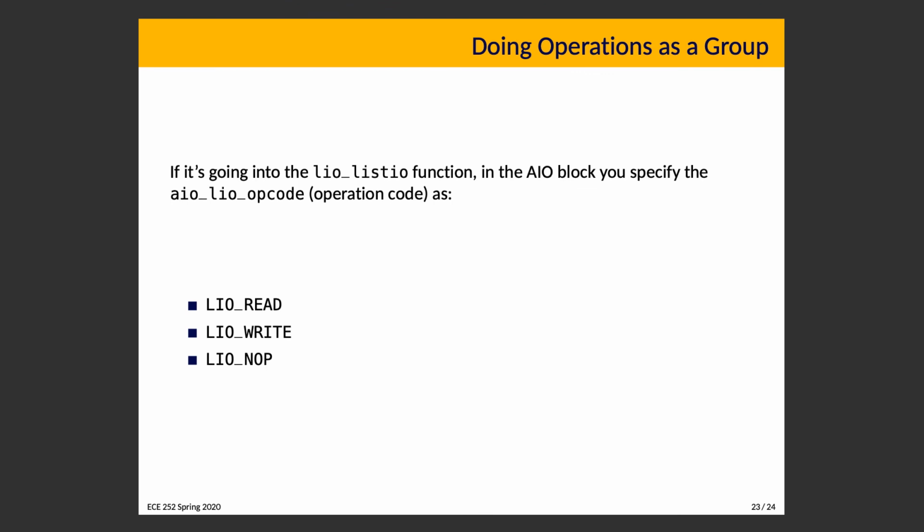Now, if you are going to submit it using the list operation, it is important to specify, as I said, what operation you want to occur. And your three options are read, write, and no op. And no op means do nothing. And so why would that ever make sense?